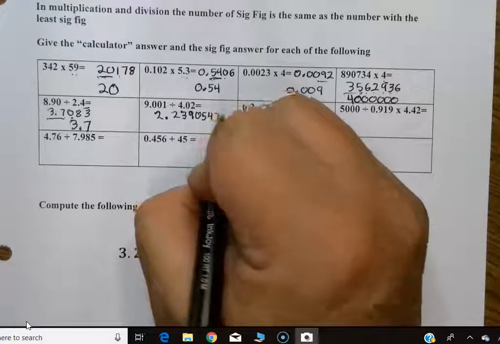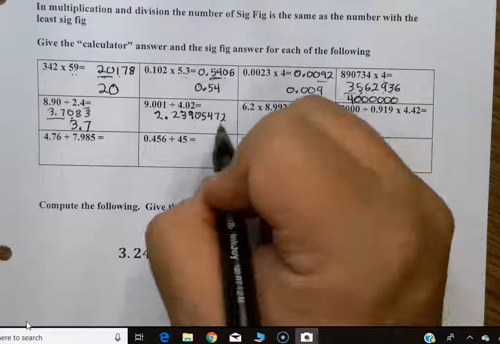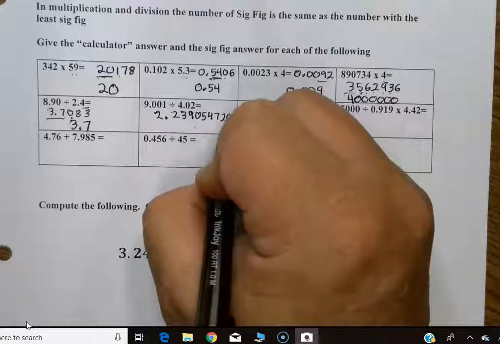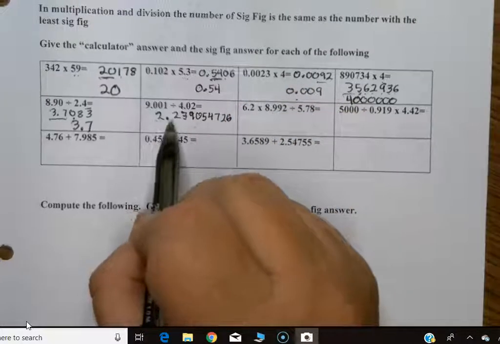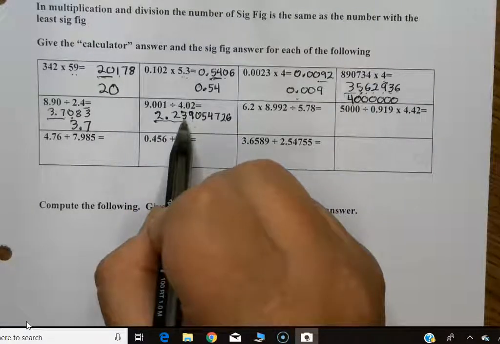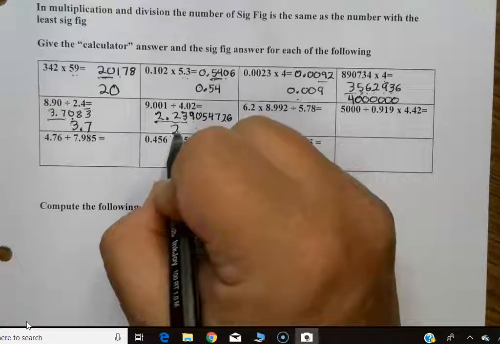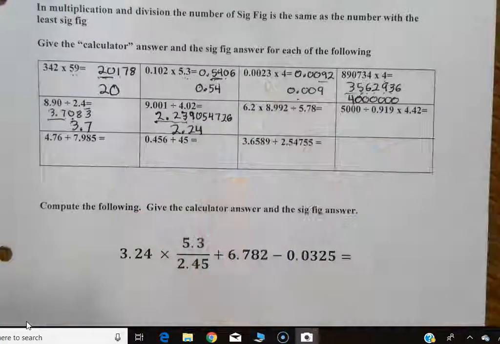You just want to give me the number of significant figures. Or sometimes you just truncate it. You cut it off after about the 4th digit because it's ridiculous to write this whole thing out. But we only have 3 significant figures, so it's 2.23. But that 9 is going to round the 3 up to a 4. So it's 2.24. Okay.